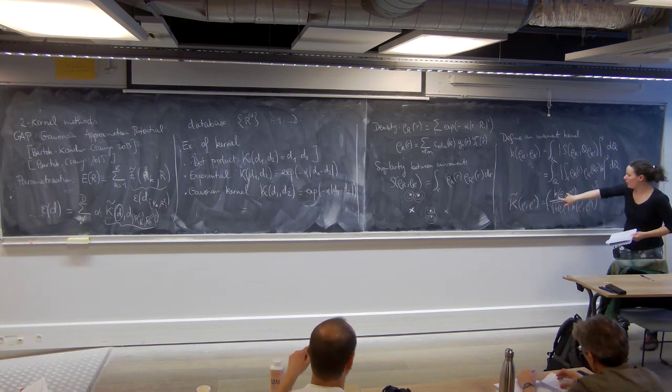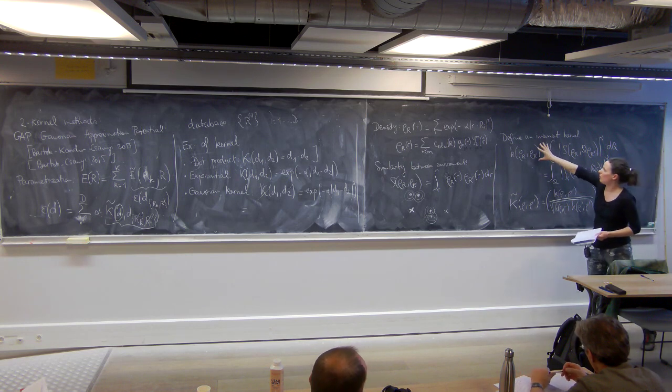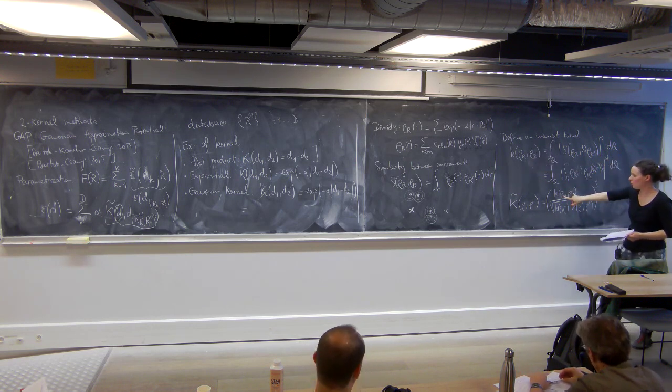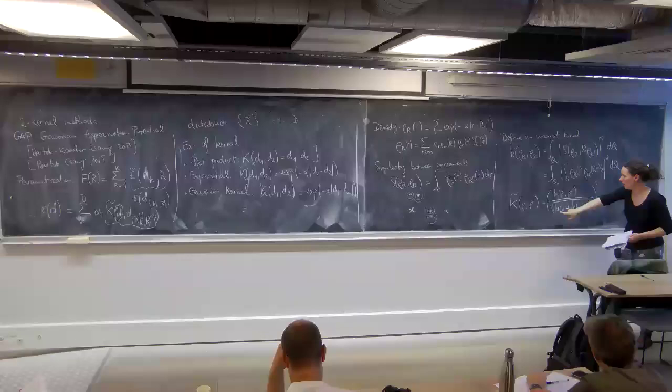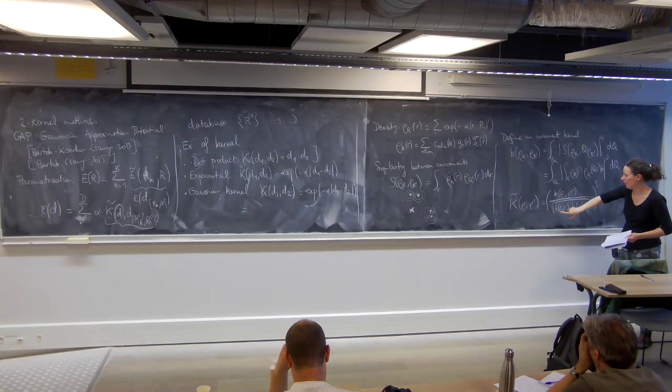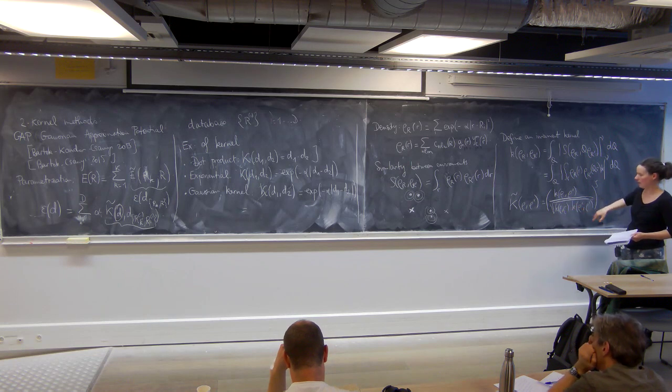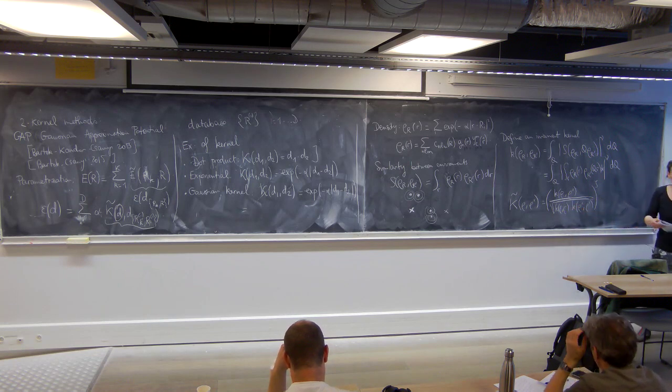So you take the similarity, the small kernel function between the two environments, and then you divide by the kernel applied to the same environment, and same environment as here.